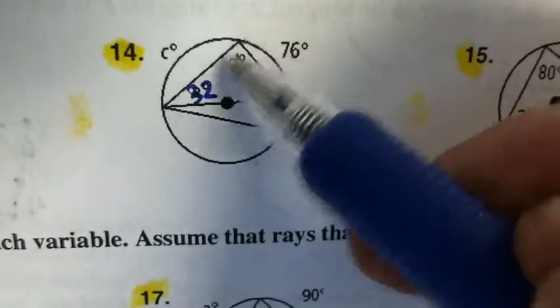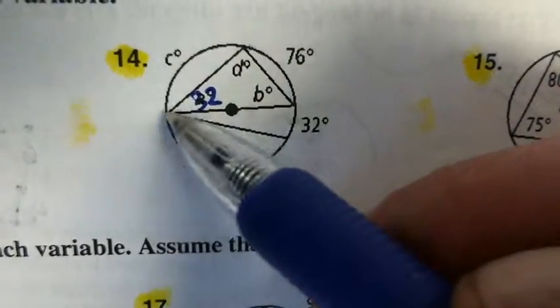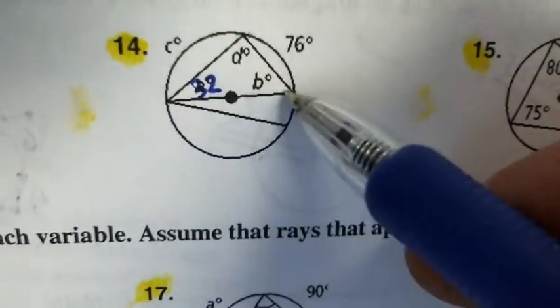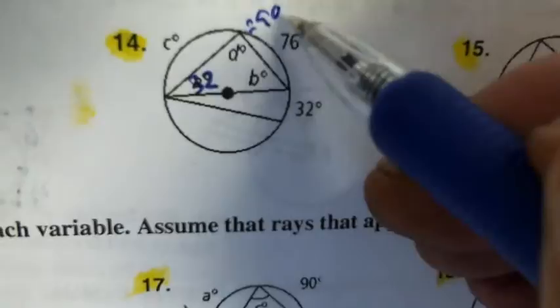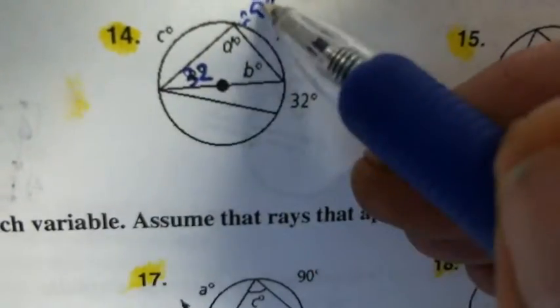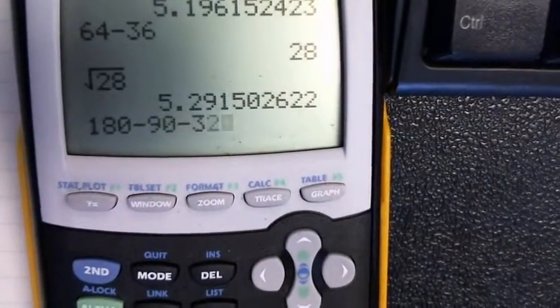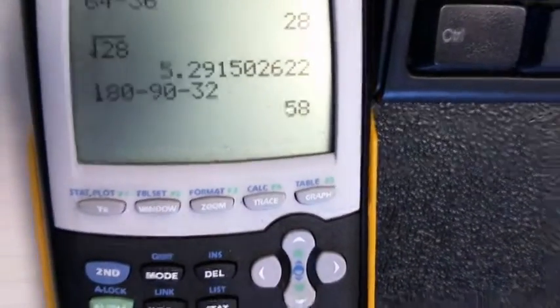D subtends 90 degrees because it's half. Half of 180 is just 90. So anytime you touch the diameter, it's automatically 90. So use 32, 90, and B make up 180. It uses 58.